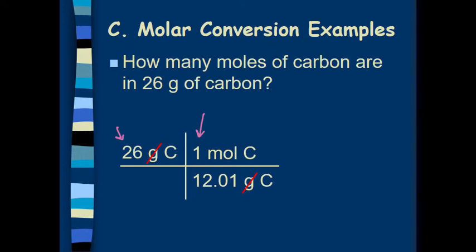I do have 2 significant figures here. This is a rounded off number from the periodic table already. There are 4 significant figures here, so I will be allowed 2 significant figures in my answer. So when you get your number in your calculator, round it to 2 significant figures. And your answer is 2.2 moles of carbon.